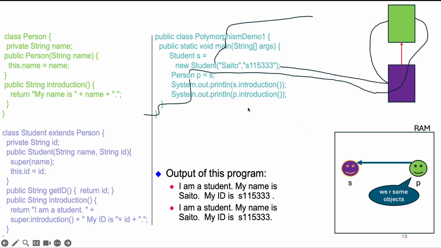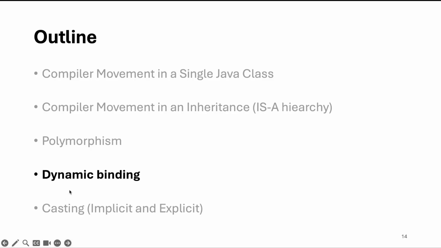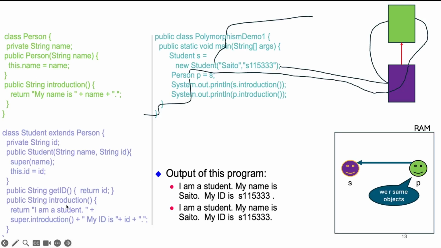Now, once we go to the next line, that is s.introduction. Here, since s is a student, we come here, go into the I am student method, print this text and come back. Next, p.introduction.